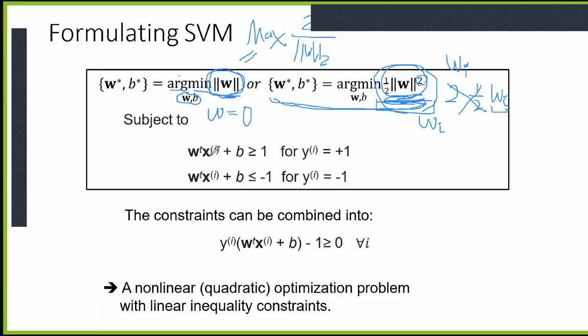And also, we not only want to maximize the distance, but we also have a constraint that all of the data points should be correctly classified.